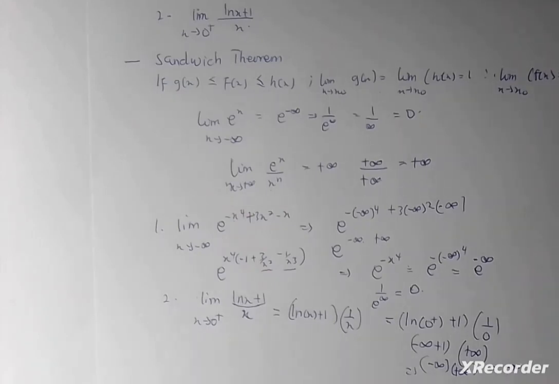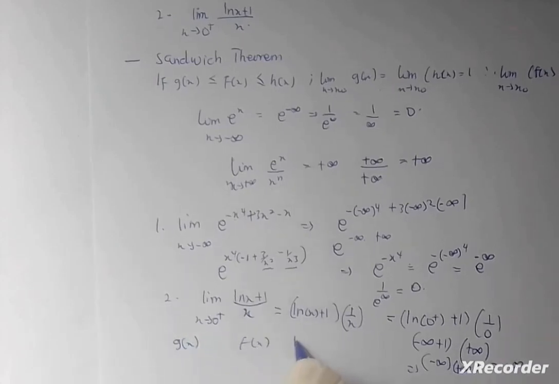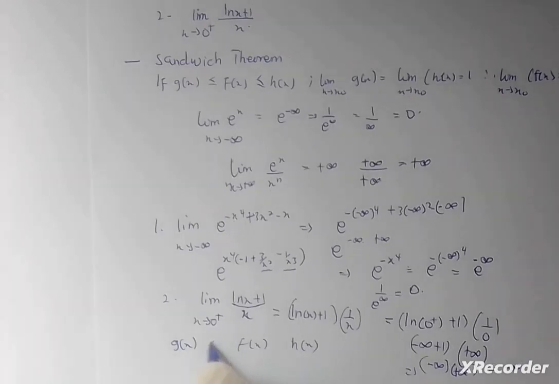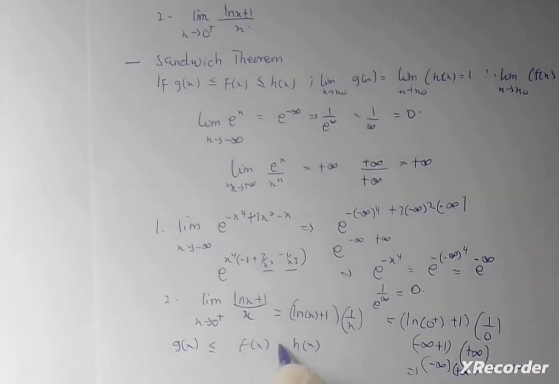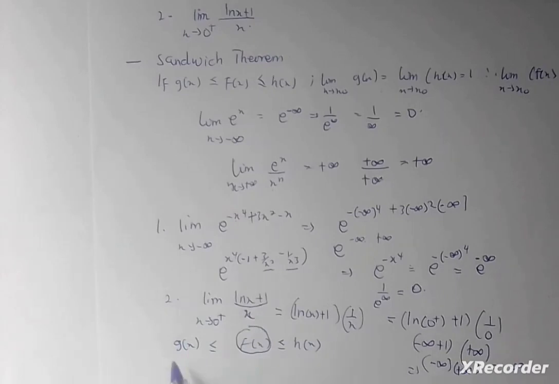Now let's go to an interesting theorem called the Sandwich Theorem. When you say Sandwich Theorem, all that the theorem is saying is that there are certain functions which we can't find the limit of straight away, so we use some kind of comparison. It's saying that if you have three functions, g of x, f of x, and h of x, such that the middle one is less than or equal to this, and is less than or equal to this, then for the function whose limit we don't know, the other two we will know the limit.